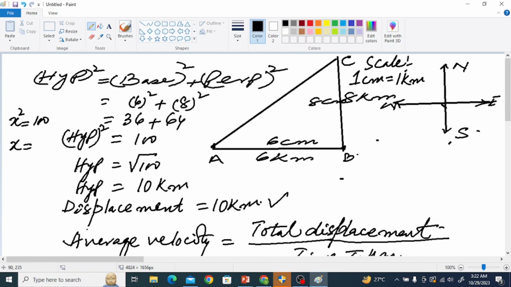Then its value, which is given to us for x square, that is 100, will come under the radical sign. And the square root of 100 gives us 10. So in this way, the value for x, which we are denoting as the symbol for displacement, is 10 kilometer.